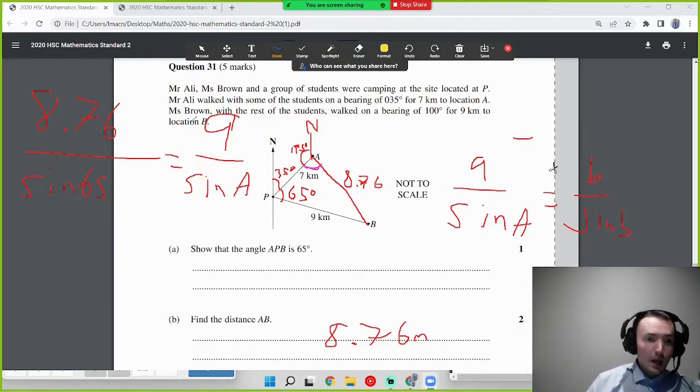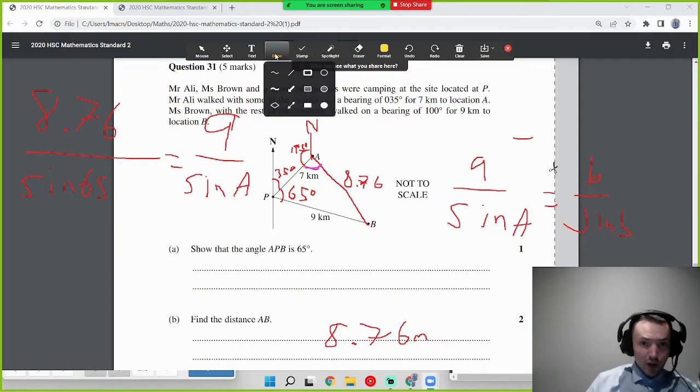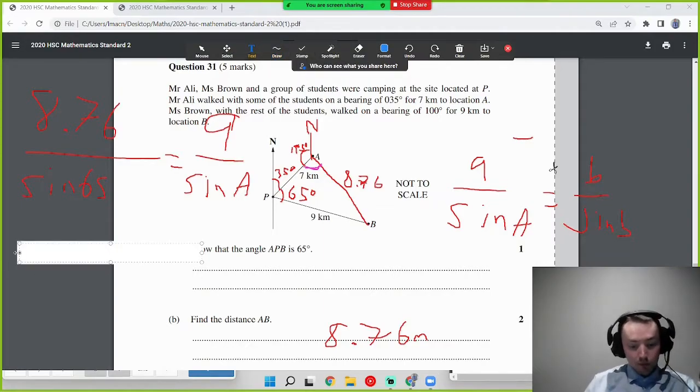So we're going to multiply both sides by sine A. So what we're going to get, I'm just going to write this out, is sine A multiplied by 8.76 divided by sine 65.